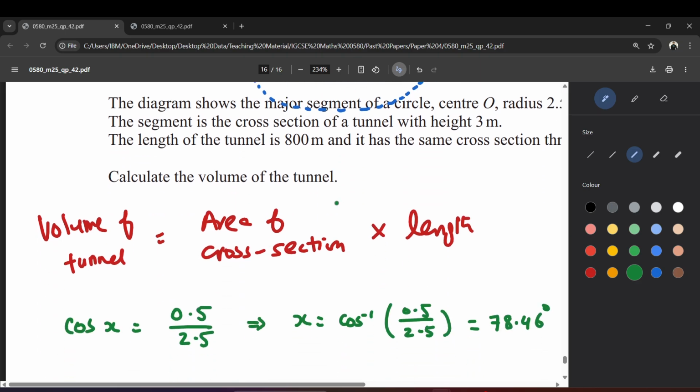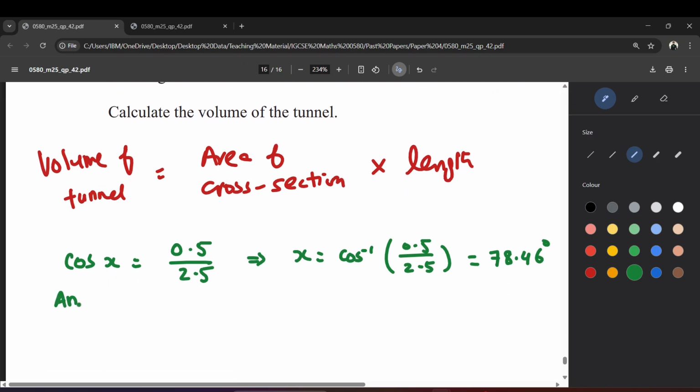So we can say that angle at the center O is equal to 2 times 78.46. So that should give me 157 degrees.